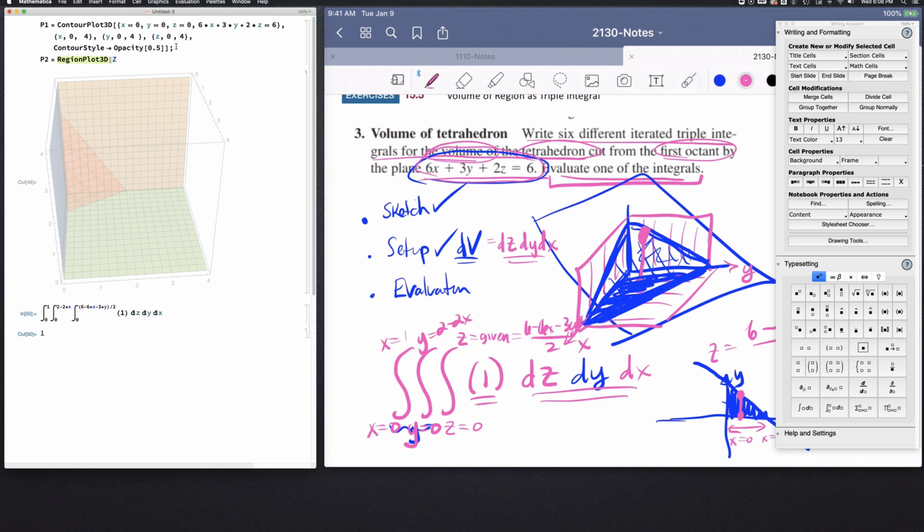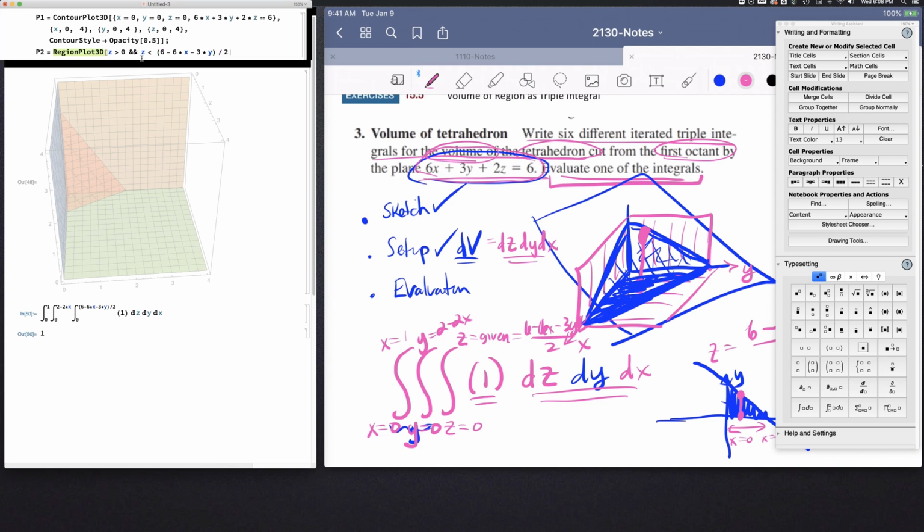And we can see that z is, according to our limits of integration, z is supposed to be bigger than 0, but less than the plane, 6 minus 6 times x minus 3 times y divided by 2.